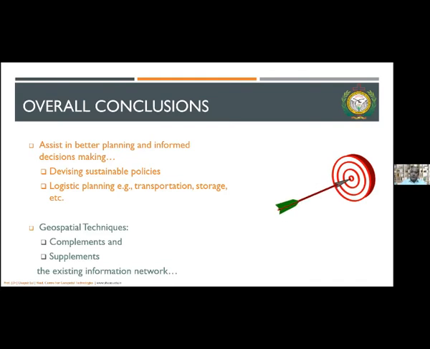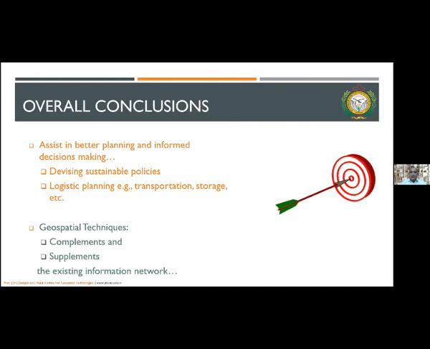No, this is going to complement and supplement the existing information network for better outcomes, for sustainable agriculture in a changing climate. Climate change is happening. I'm not sure how effective the things we are doing are, but what we can do for now is sustain our agriculture through technology.